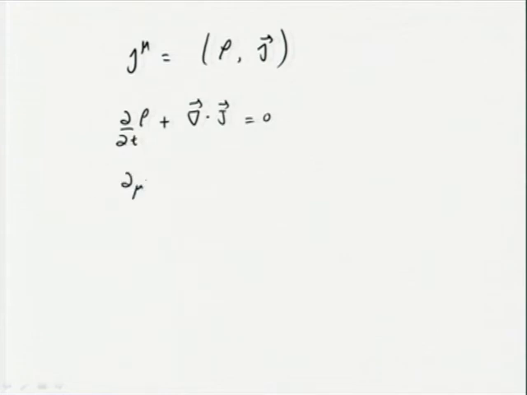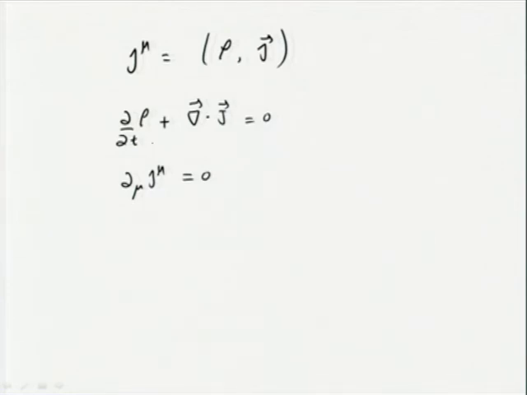Okay, just before we come to the interpretation of this, I can actually write a more compact current j^μ with components rho and j vector, and the continuity equation ∂/∂t of rho plus divergence of j equal to 0 then becomes ∂_μ j^μ equal to 0.